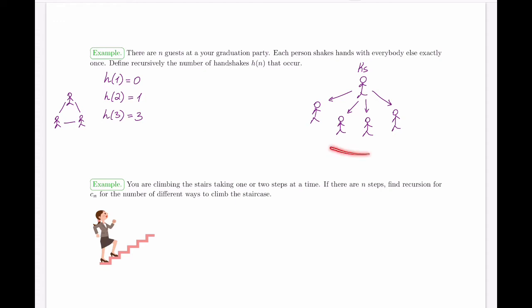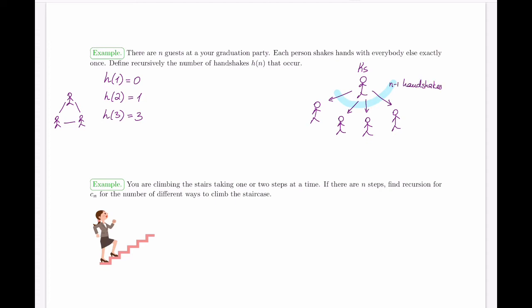If there are n people altogether, that means that there are n minus 1 people that are not our chosen guest. So there are n minus 1 handshakes happening here. Let's highlight this. This is going to be n minus 1 handshakes.